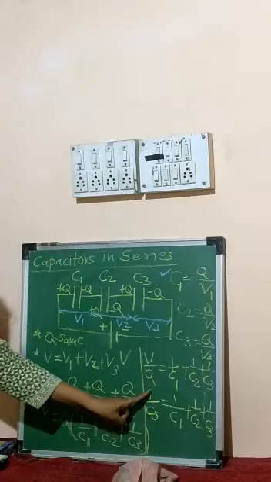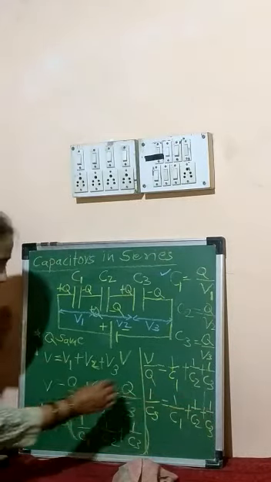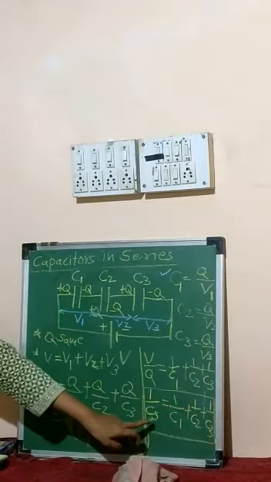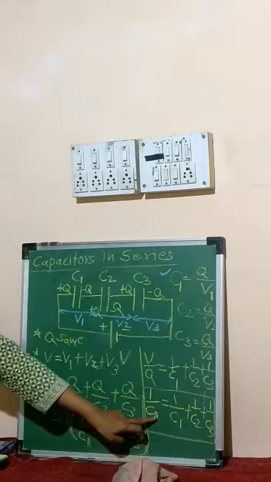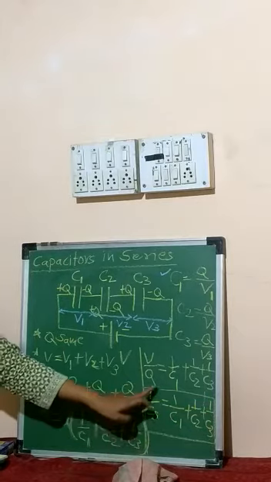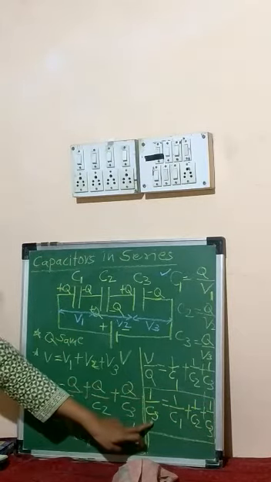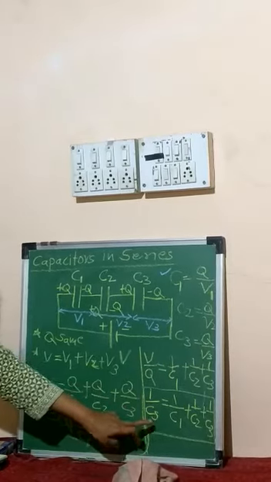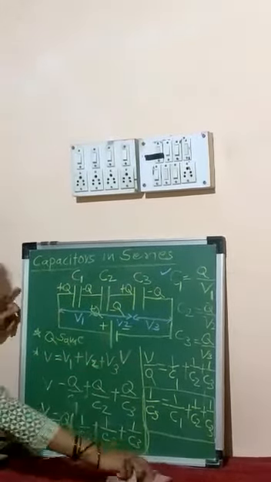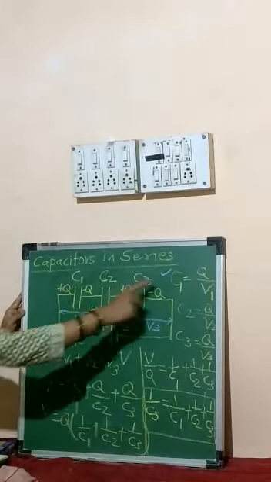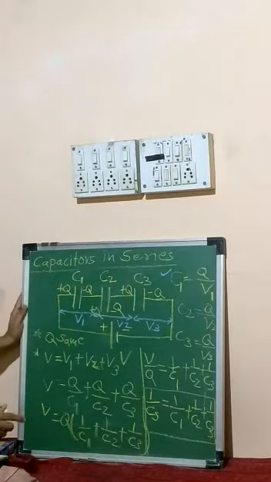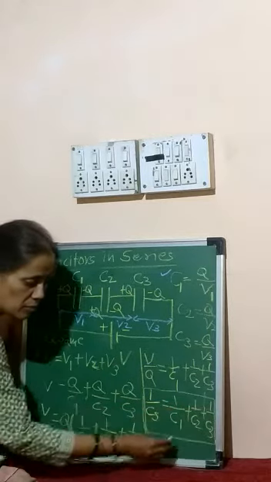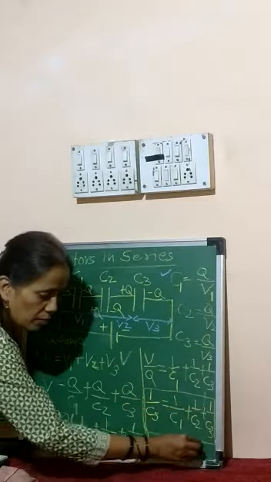In series combination, we get this formula. Therefore, the resultant capacitance in series combination will always go on decreasing, because here I am getting 1 upon Cs, that is, a reciprocal. Now, if instead of these three capacitors I connect n capacitors, then I write 1 upon C1 plus 1 upon C2 plus 1 upon C3 up till 1 upon Cn.